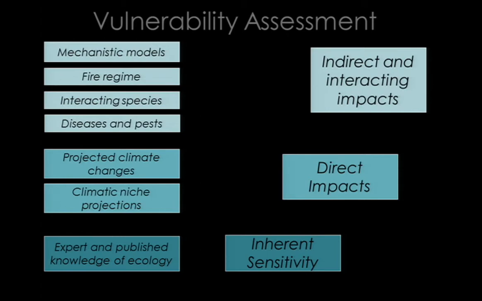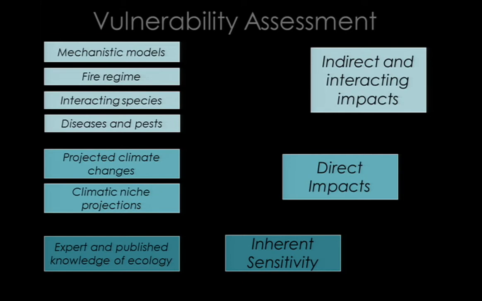And then lastly, we wanted to look at the full complexity of a species or ecosystem. So we tried to get as much as possible at indirect and interacting impacts from climate change. And so to do this, we looked at mechanistic models that incorporate a whole range of processes, including things like dispersal, competition, fire, as well as climate change.